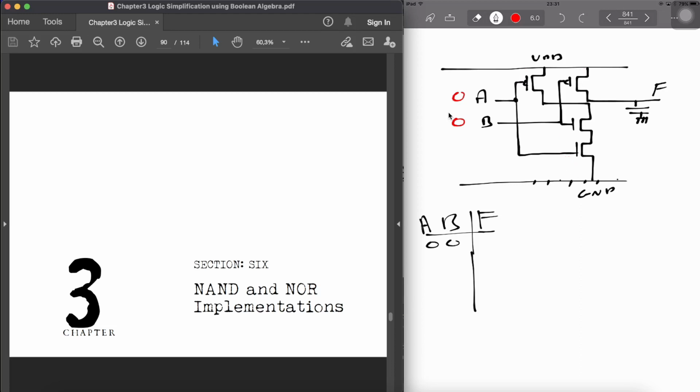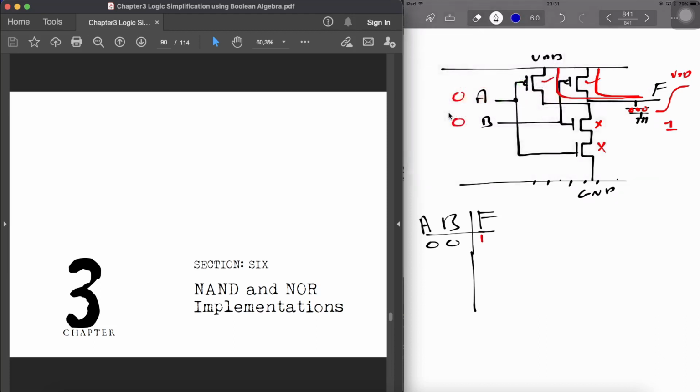These are turned on, these are turned off. Now, this means that the VDD charge can either go through this path or through this path. So we are actually charging the capacitor, and output is going to go from 0 to VDD. Okay, so that means output is going to be 1. This is the first one.